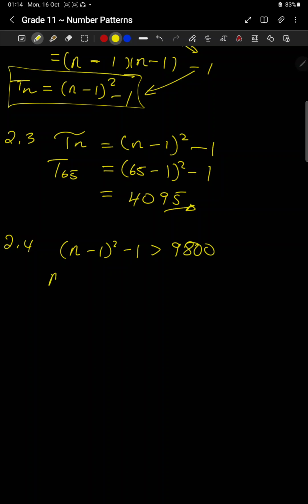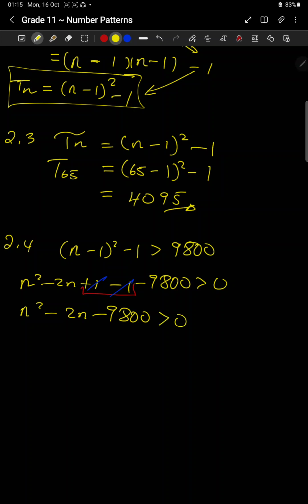It's going to be n squared minus 2n plus 1 minus 1 minus 9800 greater than 0. The plus 1 and negative 1 nullify each other, so we are left with n squared minus 2n minus 9800 greater than 0.